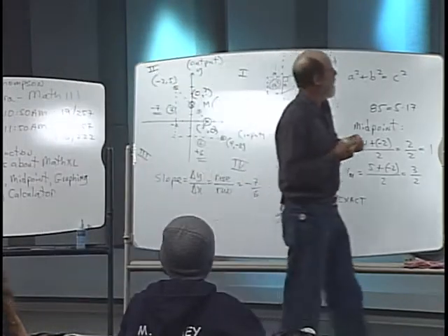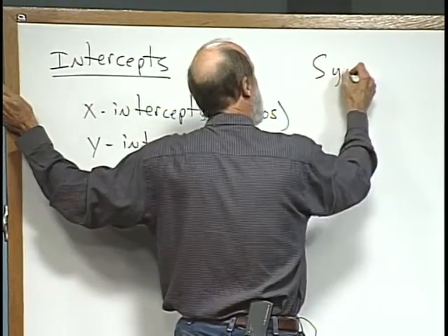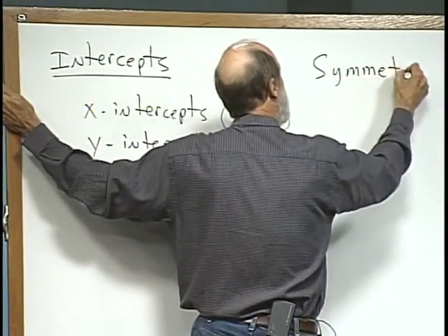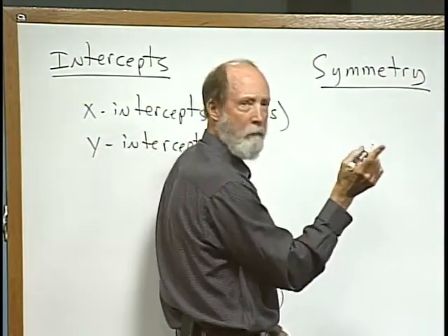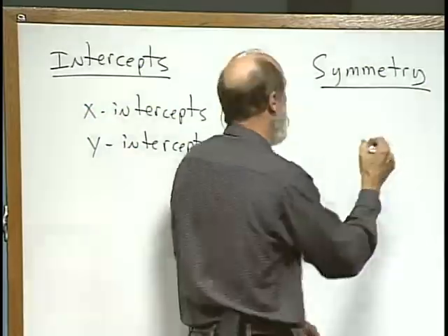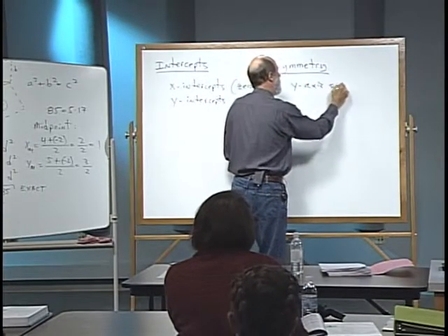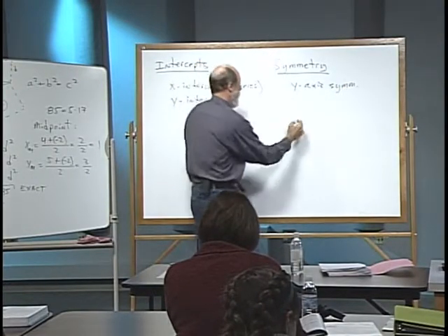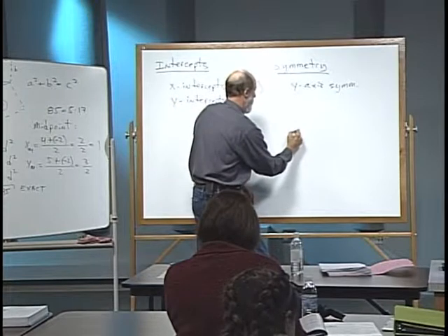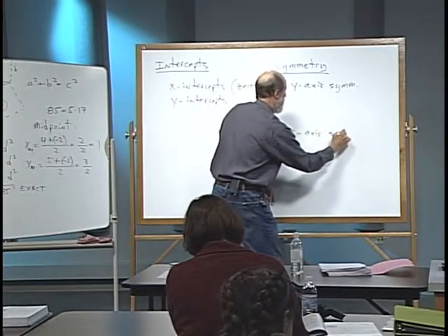Let's talk about a couple other things for a minute. Let's talk about symmetry. We could have points that exhibit y-axis symmetry. We could have points that exhibit x-axis symmetry.